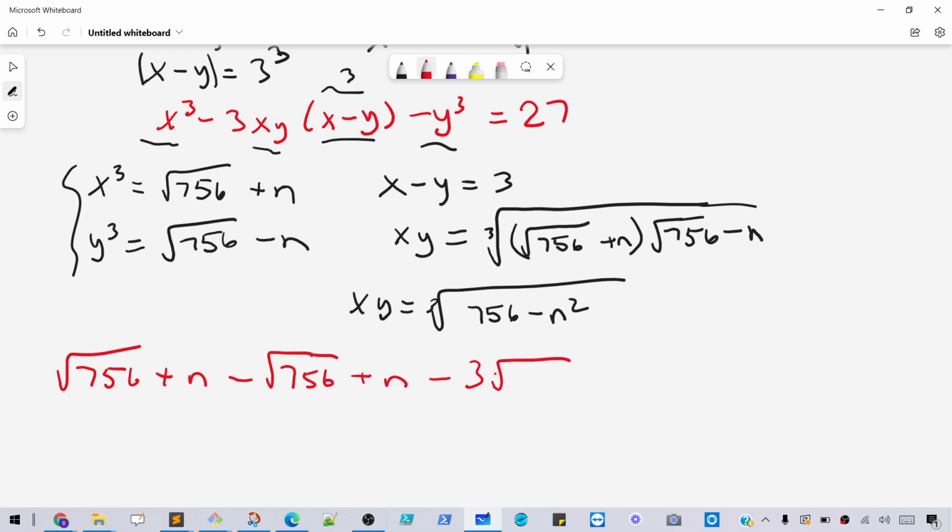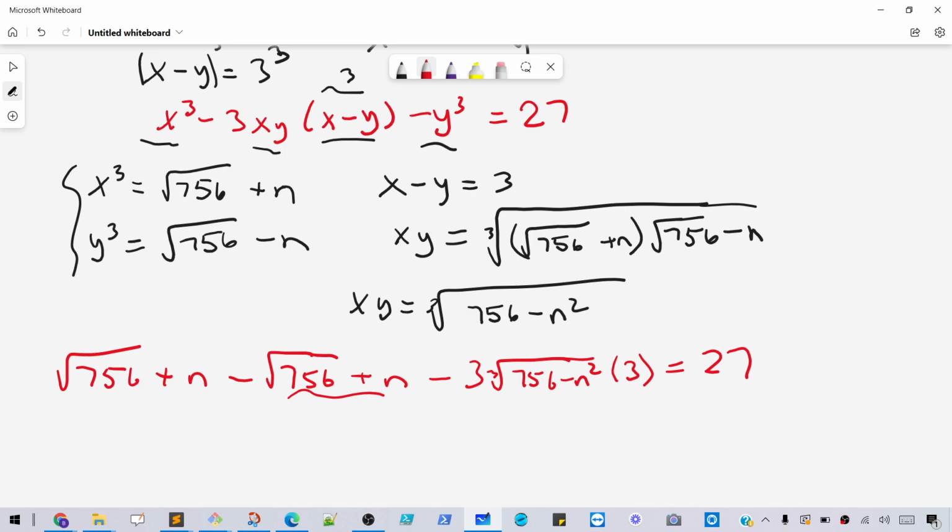So we subtract 3 times that cube root expression, and x minus y is just 3. And we have 27 on the right.